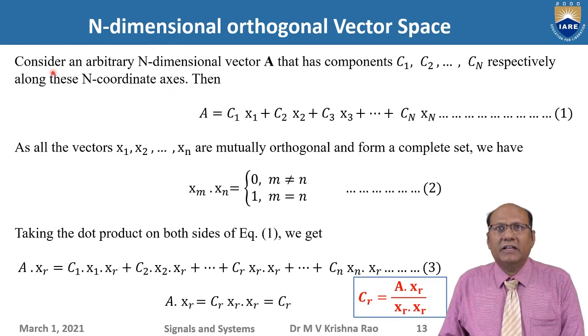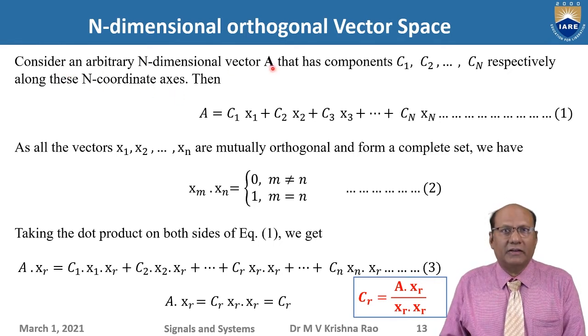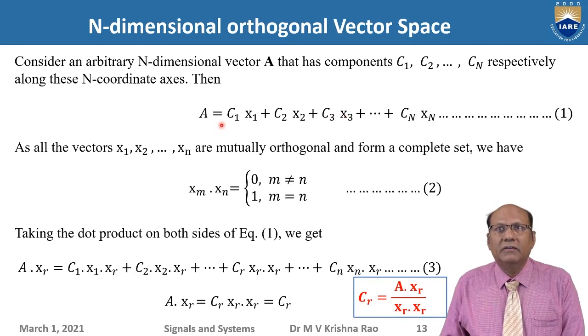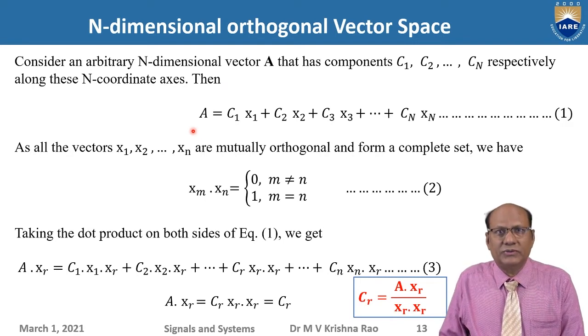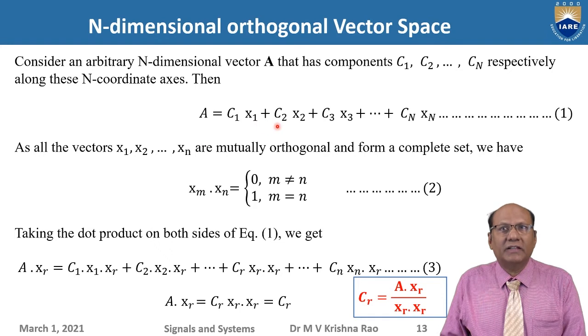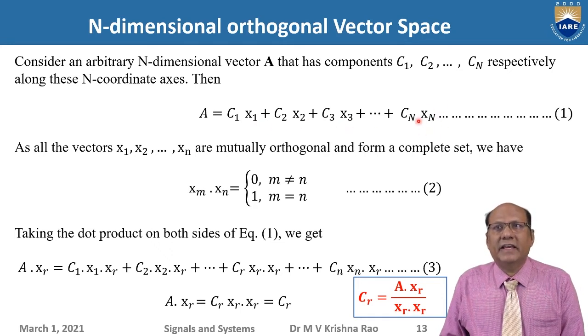So here, let us consider an arbitrary n-dimensional vector A. Here we are extending the vector. Previously it was x0, y0, z0. Because the x, y, z alphabets are completed and there are no alphabets left to use, we switch the notation from the x, y, z axes to the x1 axis, x2 axis, x3 axis, up to the xn axis.